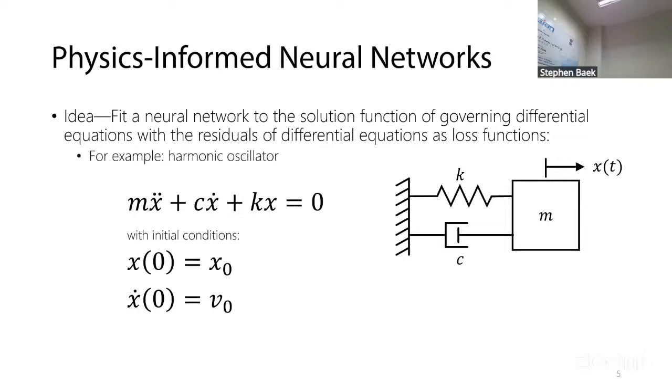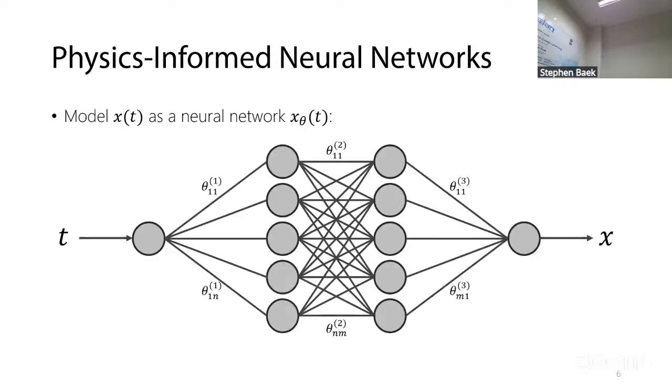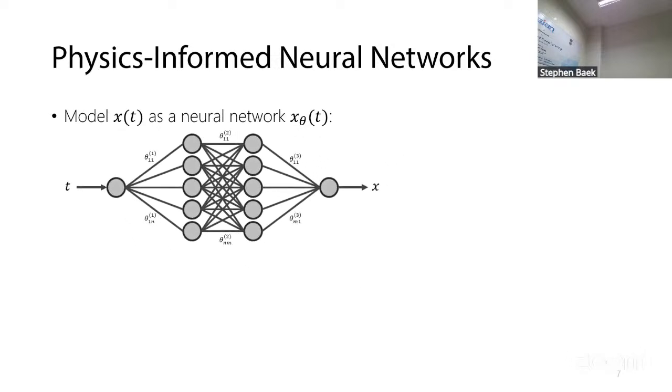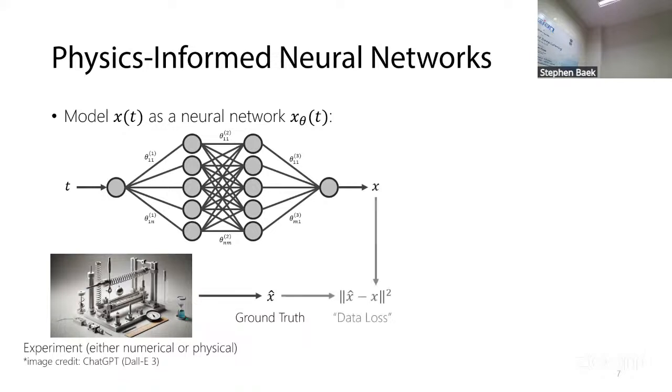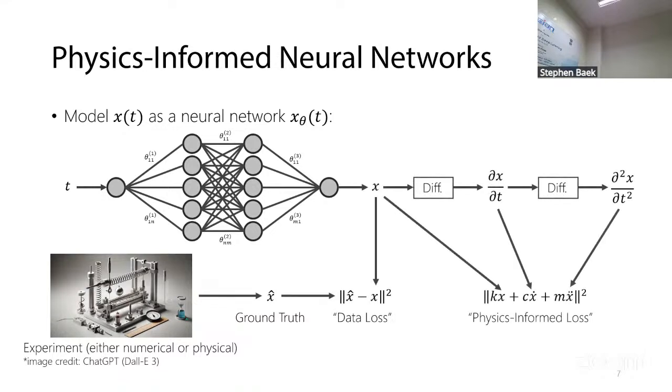So what we're doing here is to model x using an artificial neural network. If that x is perfect, then the residual has to be 0. But since x may not be perfect, especially at the beginning of the training, we're measuring the size of the residual. And then what the physics-informed loss says is to minimize that residual during the training process.